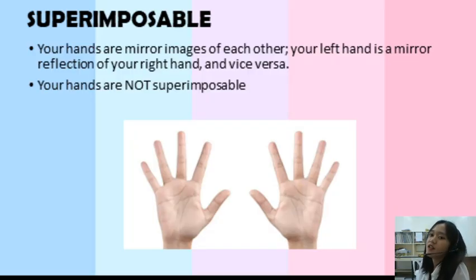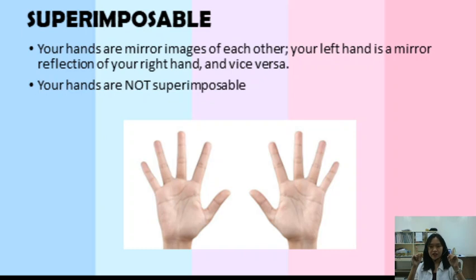Okay. So, dito na, your hands. Place your hands on the screen. Okay. Your hands are mirror images of each other, correct? Mirror images of each other sila, as I've said earlier. So, your left hand is a mirror image or a mirror reflection of your right hand and vice versa.